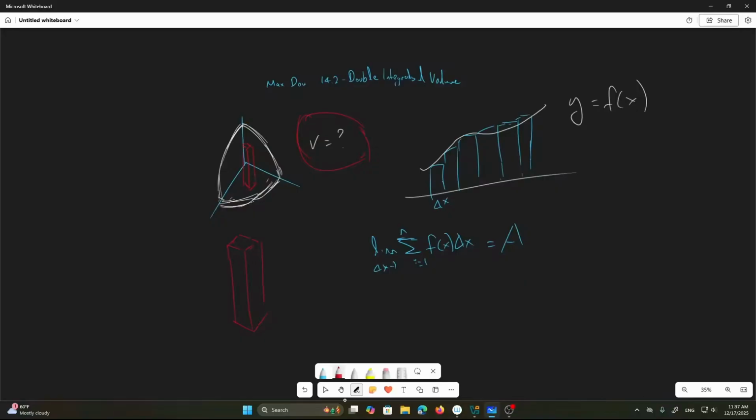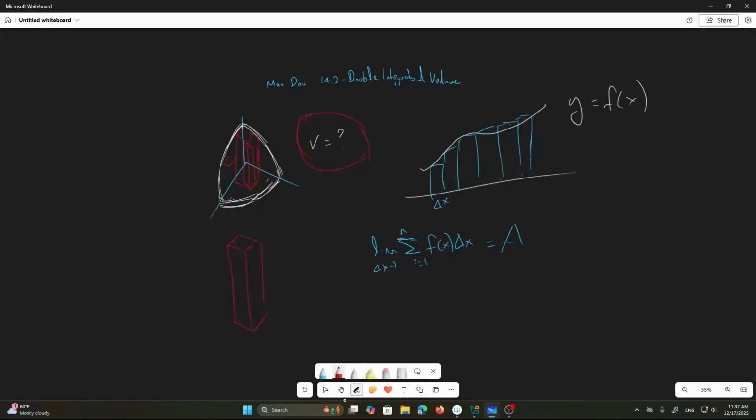If we cover the space with these rectangular prisms and sum their volumes up, just like in single variable calculus, we'll eventually get a volume that's pretty close to the actual volume under this graph.